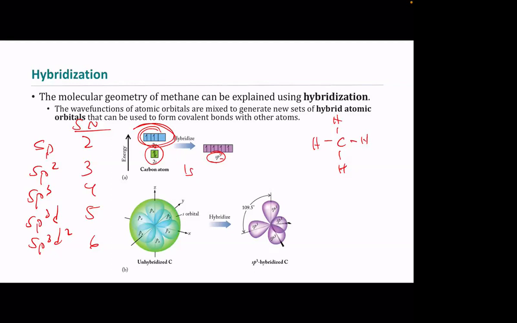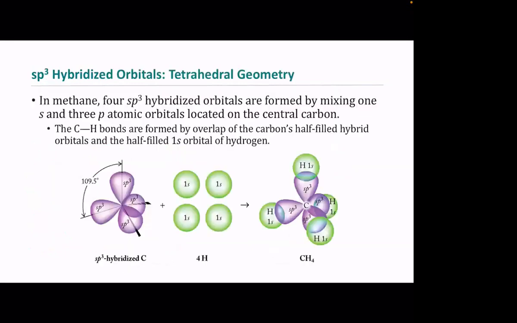Or domains. So does water. It includes the 2 lone pairs. So here's the actual bonding. So the 1s hydrogen orbitals now come and overlap, and that's how you get your tetrahedral with 4 identical bonds.